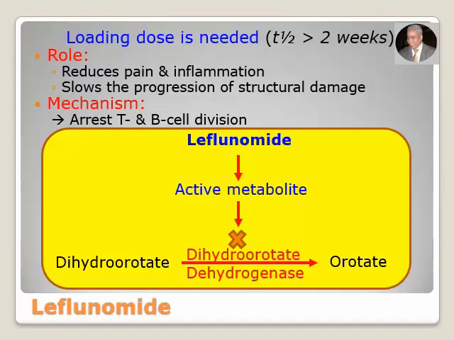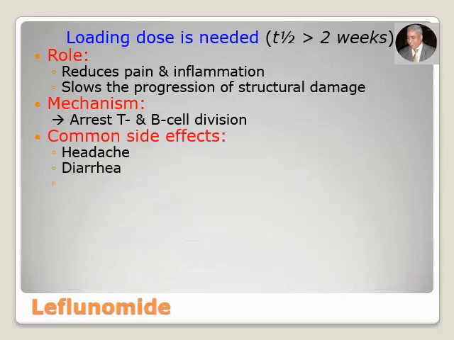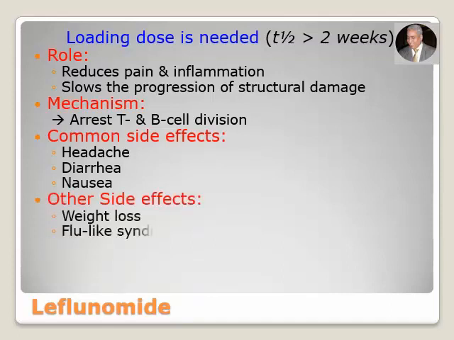When activated, it inhibits that enzyme, thus preventing formation of orotate, which arrests cell division. The most common adverse effects are headache, diarrhea, and nausea. Other adverse effects include weight loss, flu-like syndrome, alopecia, and hypokalemia.